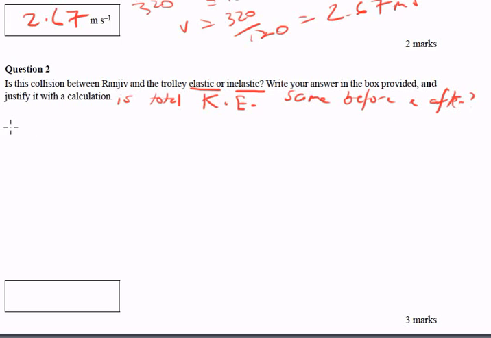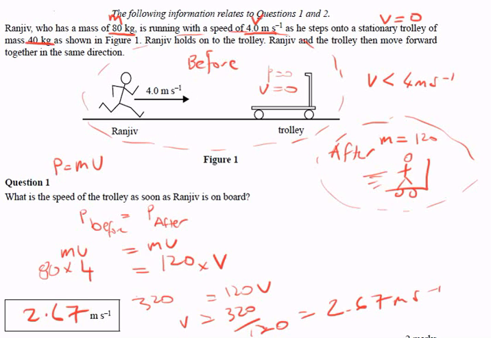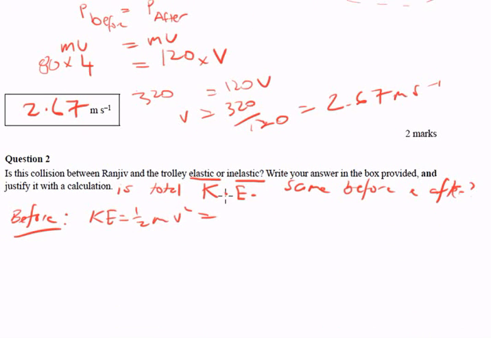So to do that, let's just work out the kinetic energy before, and then we'll work it out afterwards. So kinetic energy, the formula for that is a half mv squared. So beforehand, the only thing moving is Ranjev at 4 meters a second, so put those in. Half times 80, and Ranjev's speed was 4 squared, and that equals 640 joules.